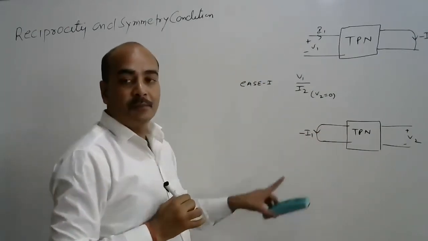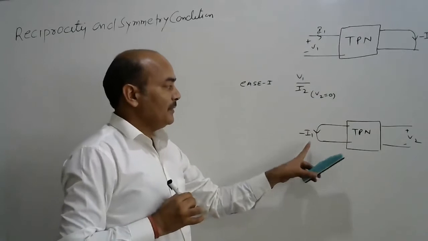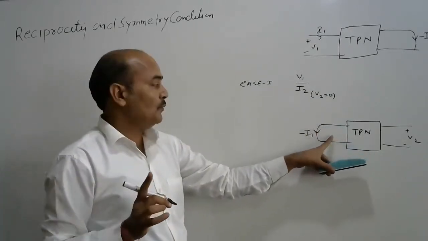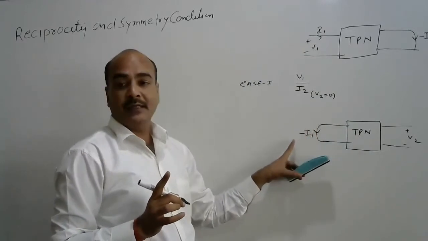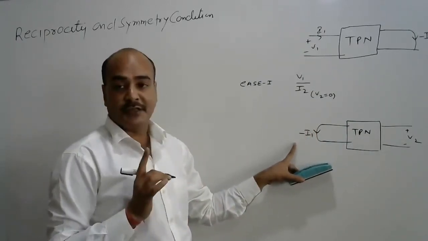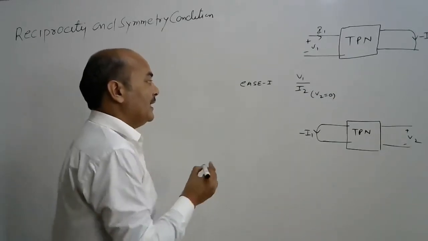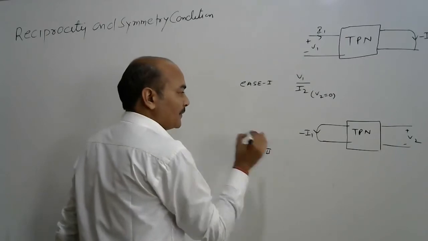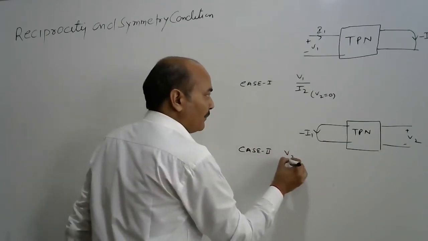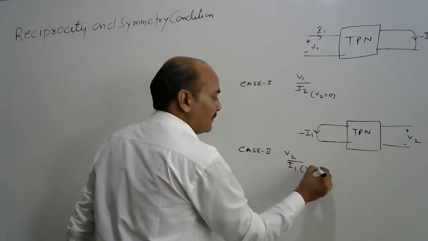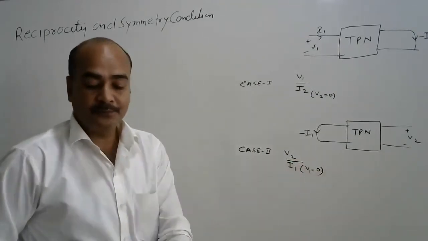This is minus I1, because in the standard convention we represent I1 as entering the port, therefore we use the negative sign for the external direction. Okay, so in case 2, we are calculating V2 by I1 with V1 equal to 0.